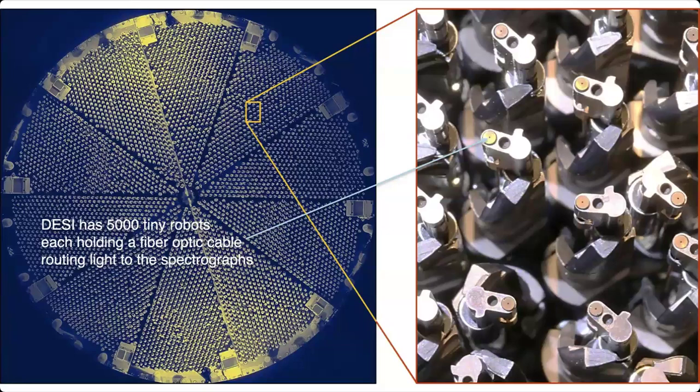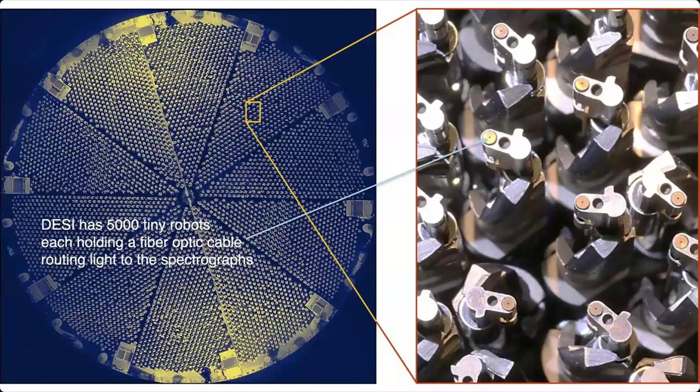This is an amazing mechanical feat, because this telescope is several stories high, this giant object. These things are about the size of a human hair, and just the Earth rotating, it goes 15 diameters of that size in 1 second. So we're constantly having to move the telescope and move these things just to keep up with the fact that the Earth is rotating out from under us while we expose for 15 minutes.